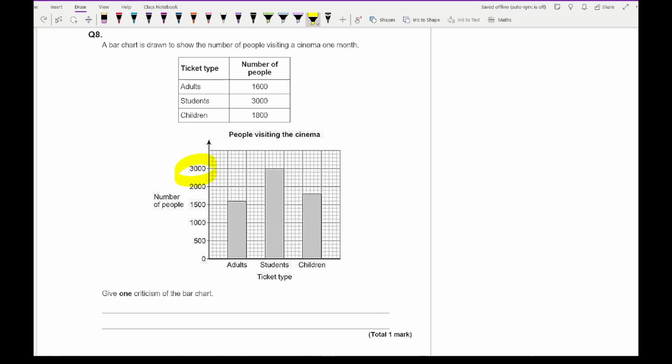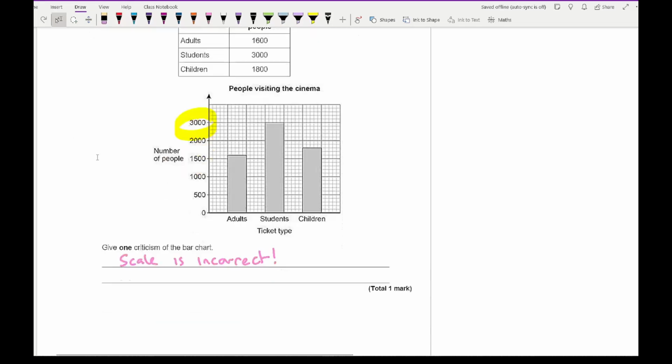It's going up in 500s, then all of a sudden it goes up by 100. So here you want to say that the scale is incorrect, because the bars are equal widths and the gap between each bar is fine. The height of the bars is fine. It's just that scale that's the error.